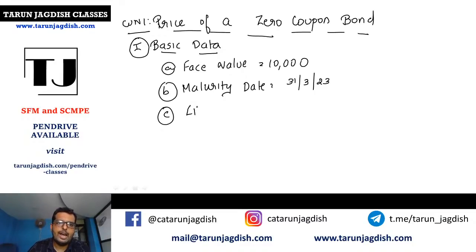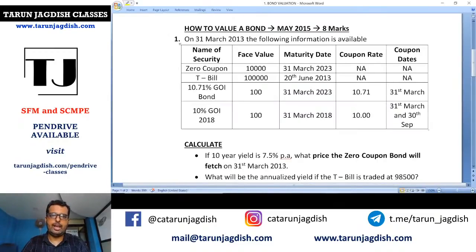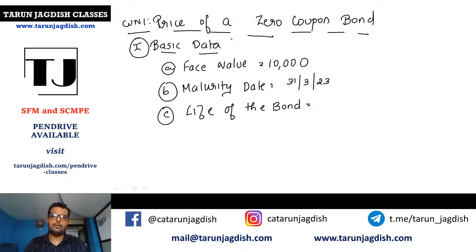So friends, I can find out the life of the bond from the data given over here. That is, the starting date is given as 31st March 2013, right? And the subsequent date is 31st March 2023. So the life will be 10 years.